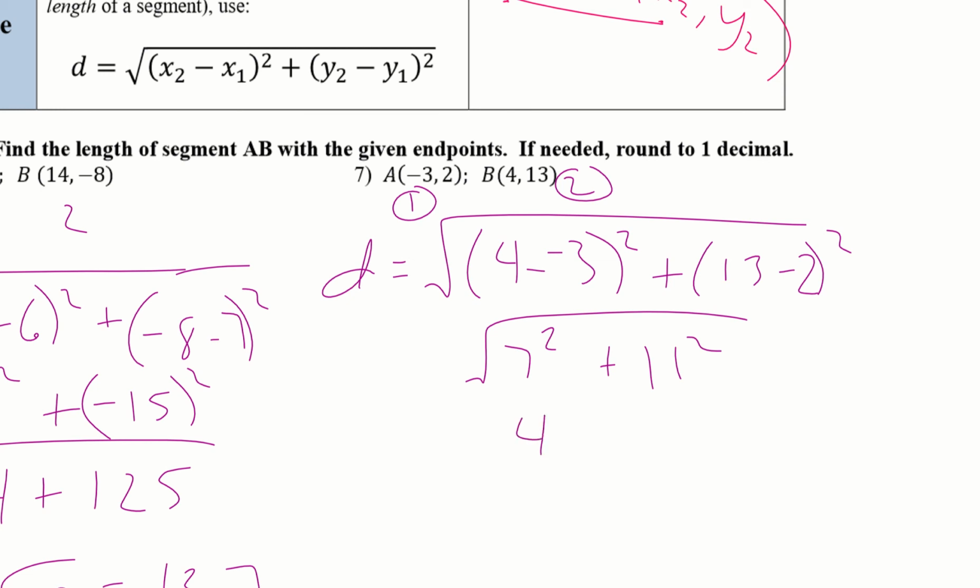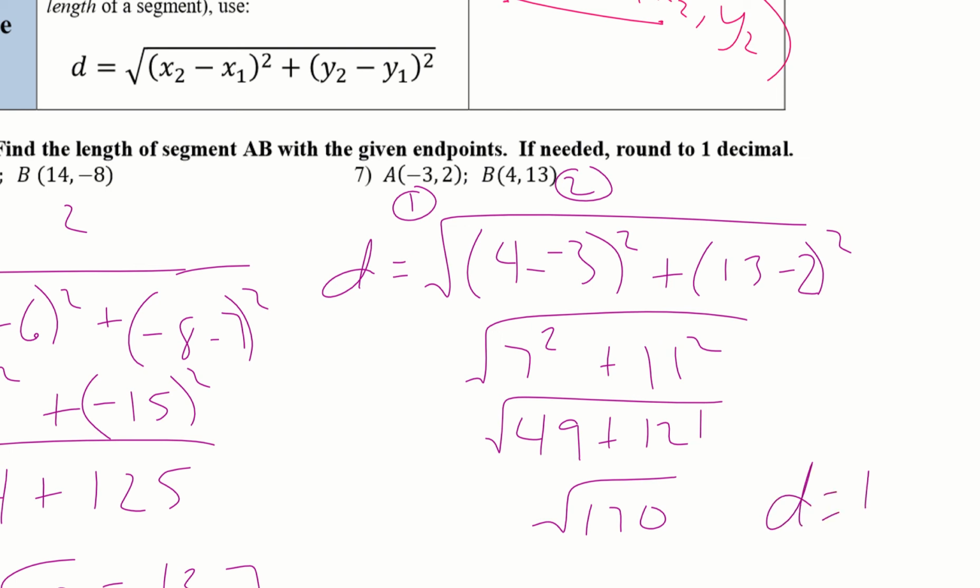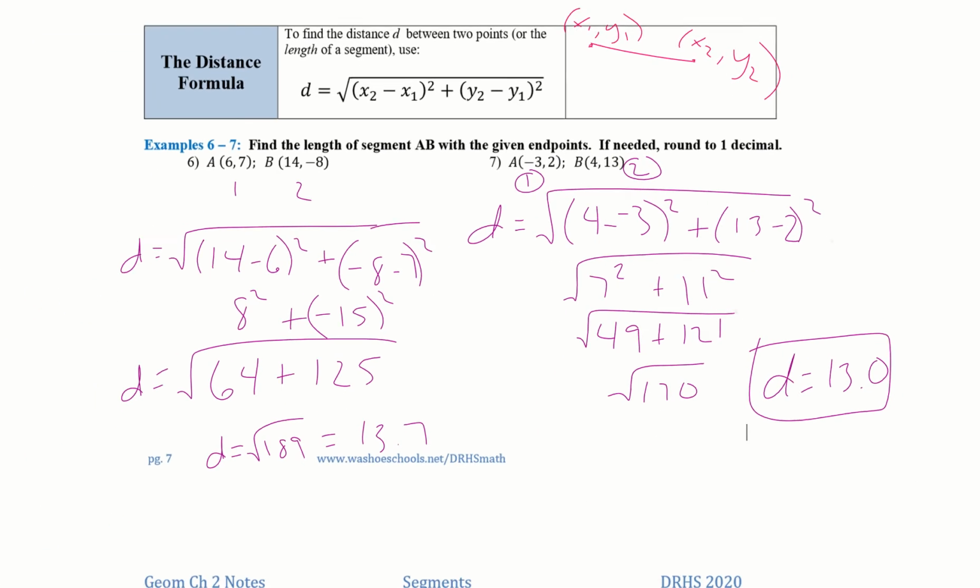So now I have 49 plus 121. You want to add those together. I have the square root of 170. Plug that into a calculator, and I end up with the distance equaling 13.0. Alright, so there is the distance formula.